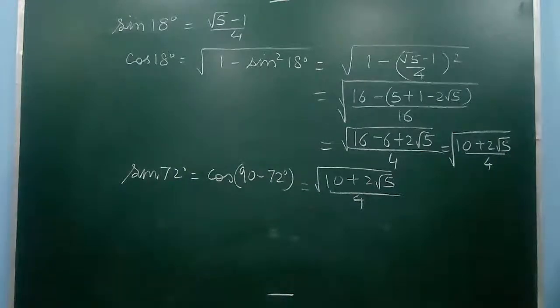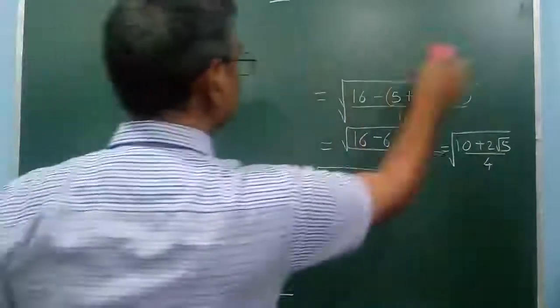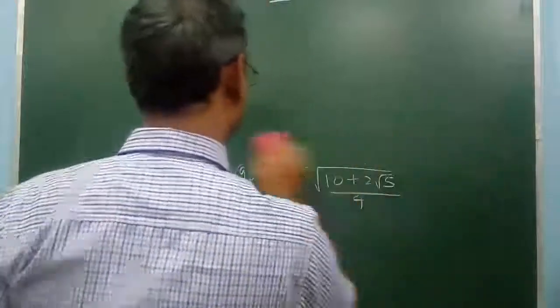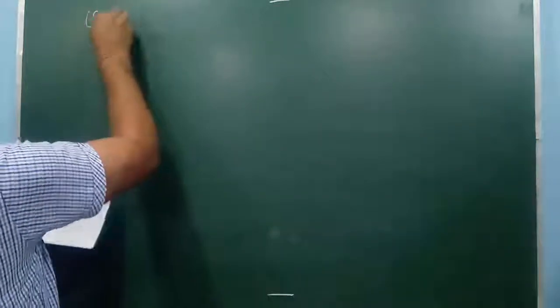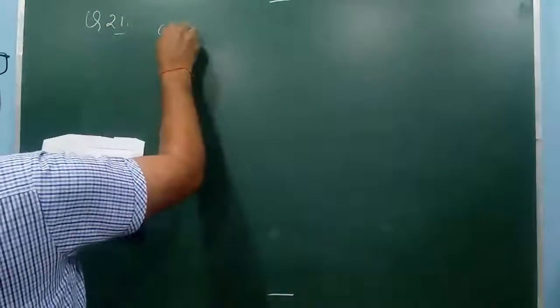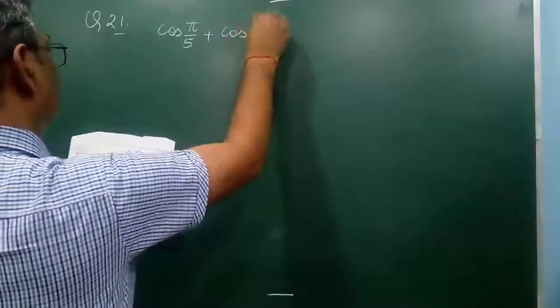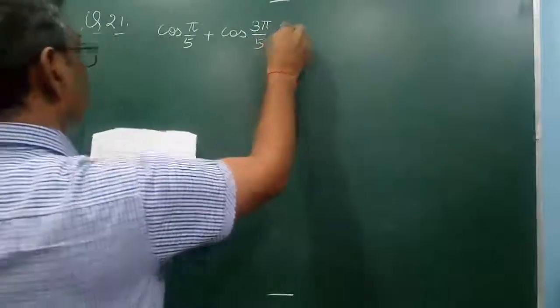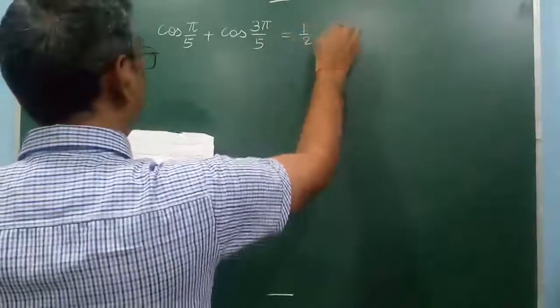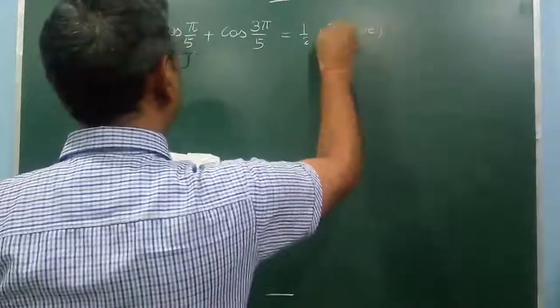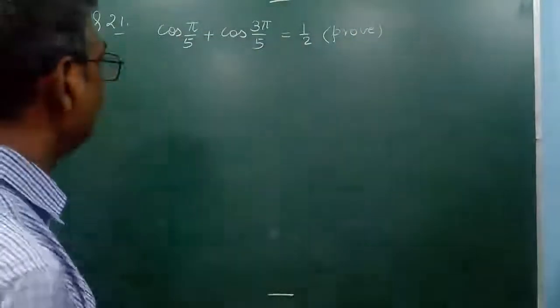Now see the 21st question. This we have to prove. What is cos pi by 5?